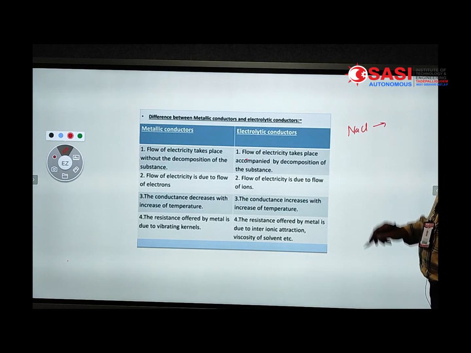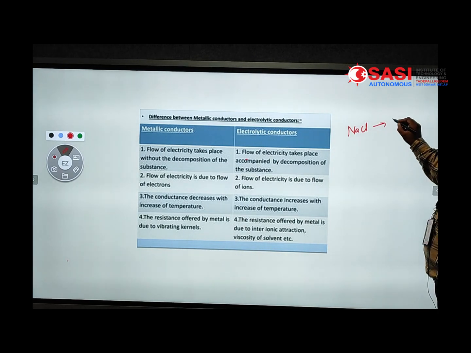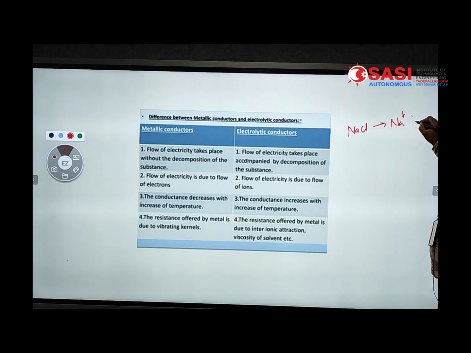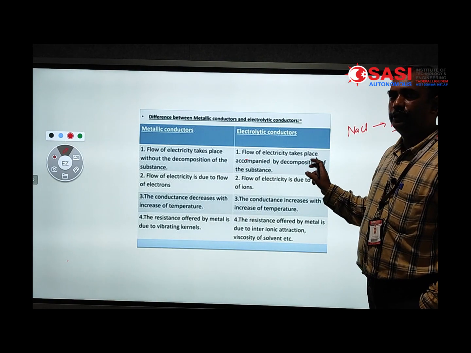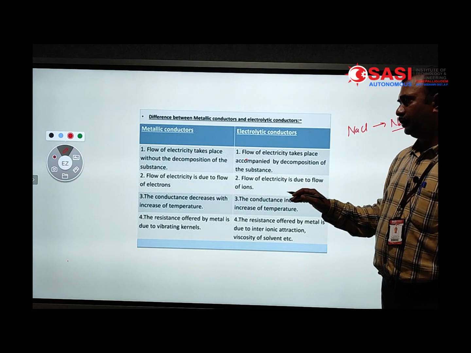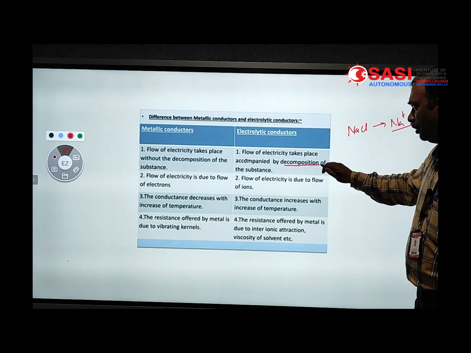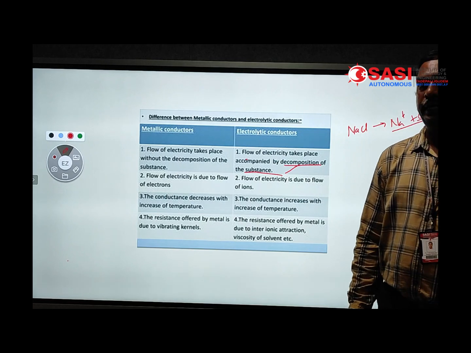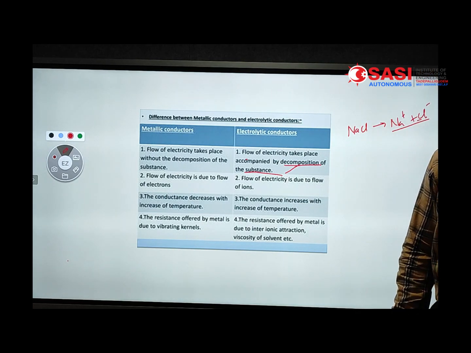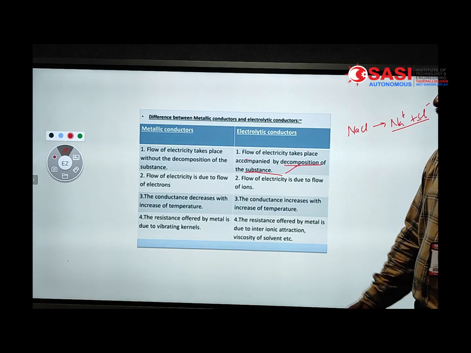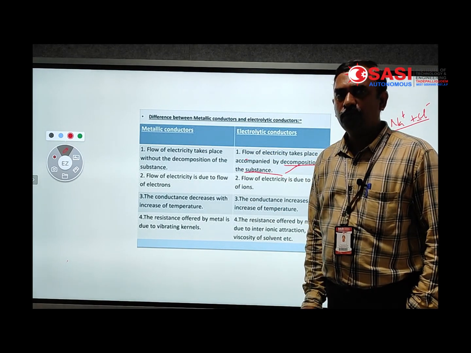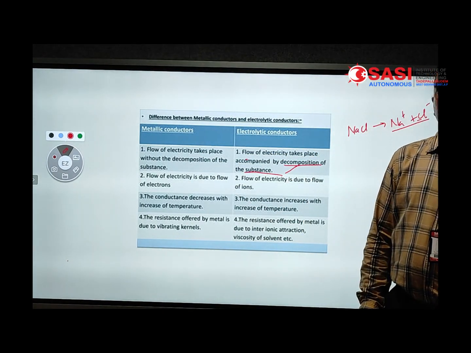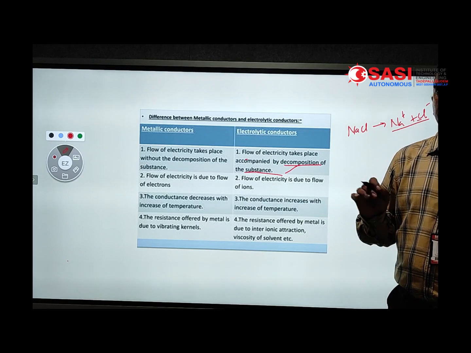It decomposes to give Na plus and Cl minus. These ions are responsible for the conduction of electricity in electrolytes. That is, decomposition of the substance has to take place in order to pass electricity in the case of electrolytic conductors. But in the case of metallic conductors, there is no decomposition and no change in chemical composition; they simply transfer electrons.